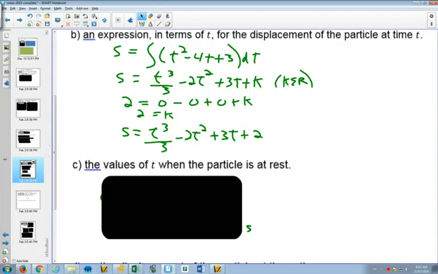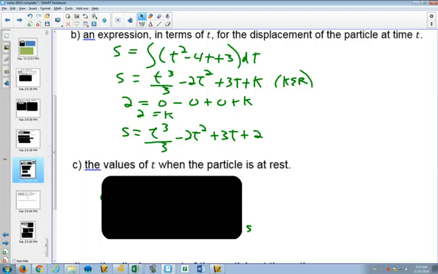Now in part C, when something says a particle is at rest, you have to decide, what do I know? Do I know something about the acceleration? The velocity? The displacement? When something's at rest, it's not moving. For example, if you throw a ball up in the air, there's an instantaneous moment where it stops going up and starts going down again, and at that moment it's at rest.